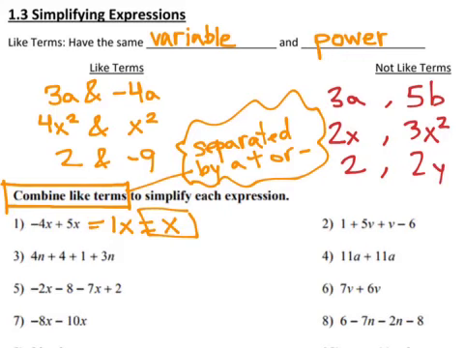And we have 1 plus 5v plus v minus 6. We have a plus sign there, a plus sign there, and a minus sign there. So we have 1, 2, 3, 4 terms, and we're going to see if we can combine any of those together.